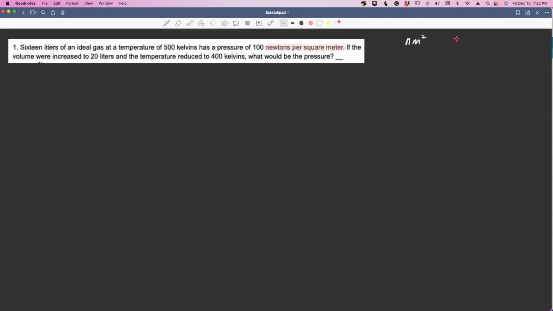But what it was supposed to be was newtons per meter square, just like it's written here. We know the fraction bar means per, just like in a ratio. So newtons per square meter is written like this, not like this. This is not the right unit of measure, and that matters.